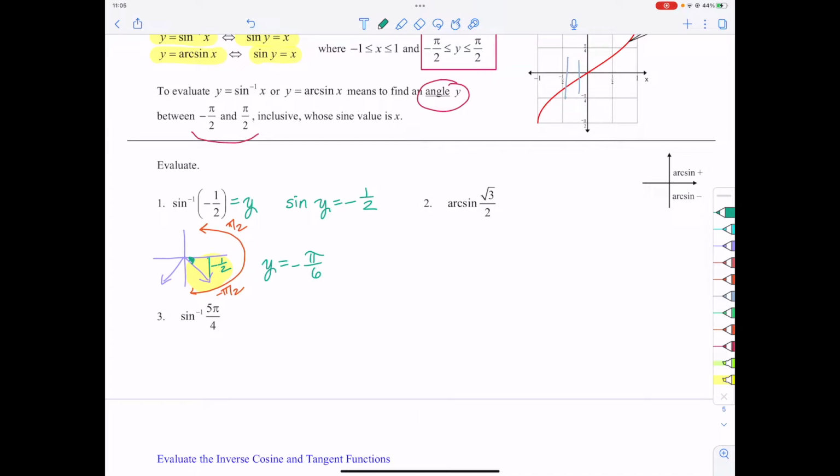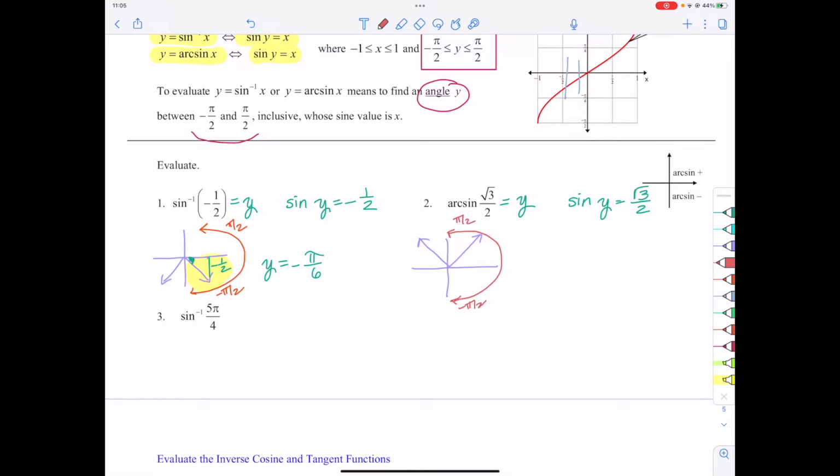Okay, let's go ahead and go to number 2. We'll write this as the arc sine of root 3 over 2 is equal to y, so we can say that the sine of y is root 3 over 2. Our sine is positive in quadrant 1 and 2. And we are restricted again, and I won't write this every time, between negative pi over 2 and pi over 2.